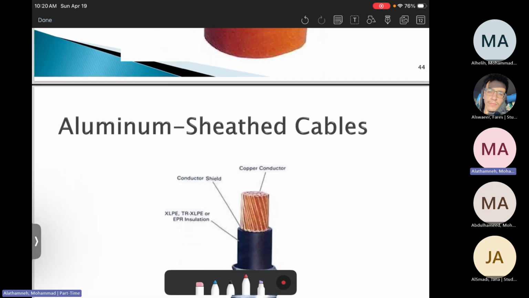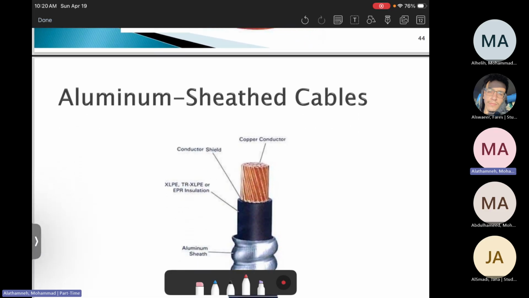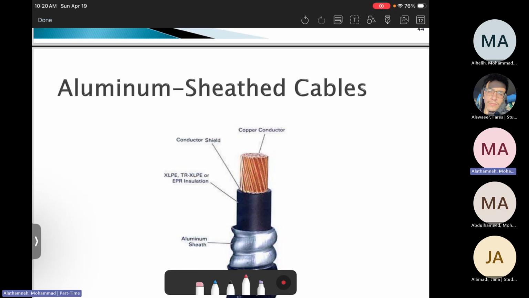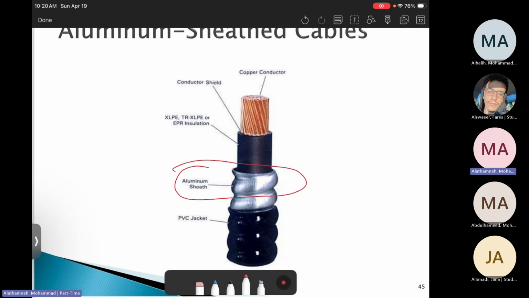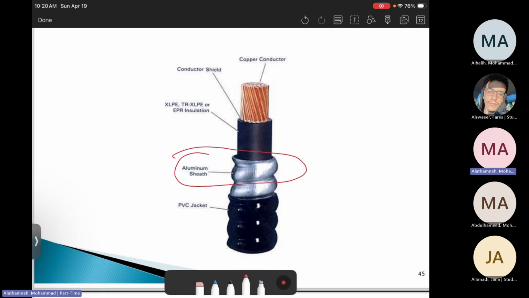Then the next one is the aluminum sheath cable. There is an aluminum sheath here, and that's the difference. This one is used to work as a moisture barrier, and as with any normal sheath, for mechanical protection, then electromagnetic interference shielding.